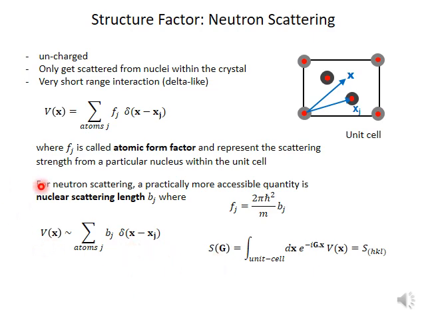So you can put this into this expression to get the structure factor, and once you put this potential here, you get a structure factor like this, where by virtue of this delta function, you have an exponent e^{iG·x_j} multiplied by b_j, where b_j is the nuclear scattering length for that particular atom j or nucleus j in the unit cell.